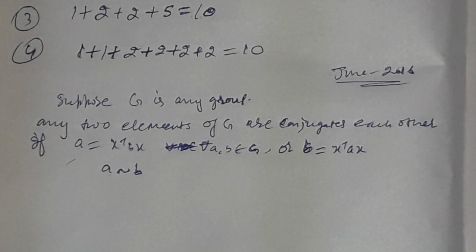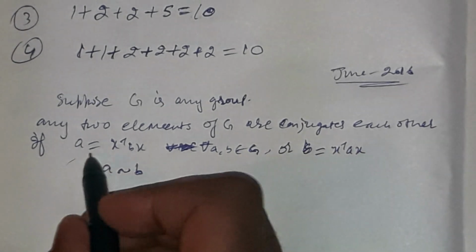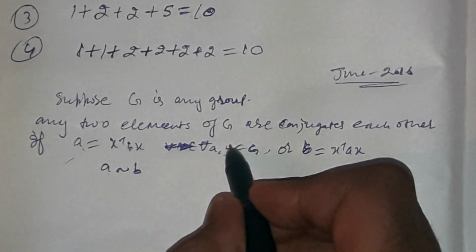So any two elements which are conjugate have an equivalence relation. So A is conjugate to B, and A, B are elements of the group.